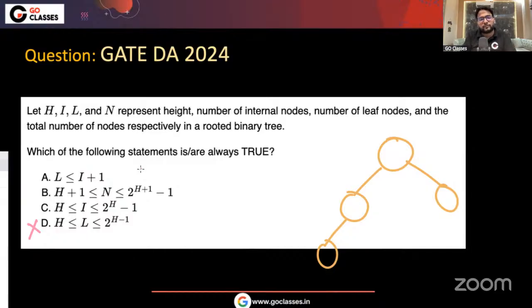Let me know. This is an MSQ question because they are saying is or are always true.